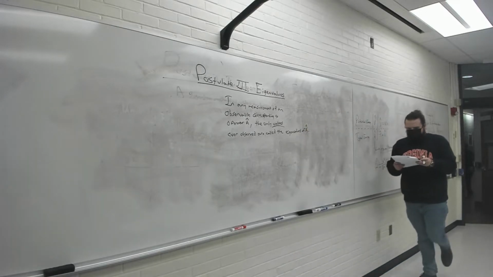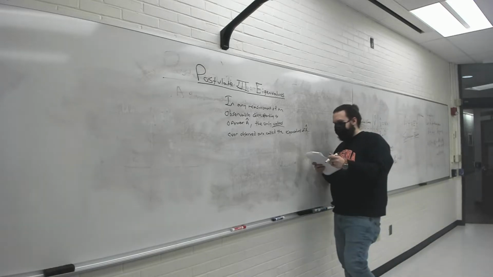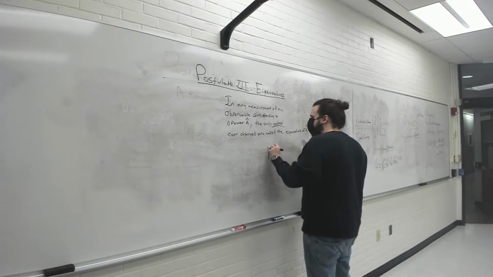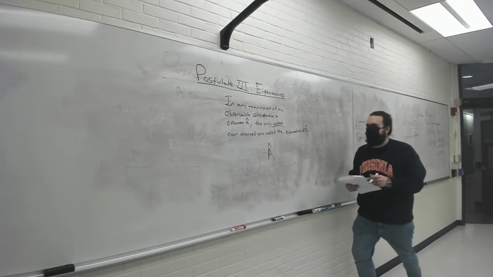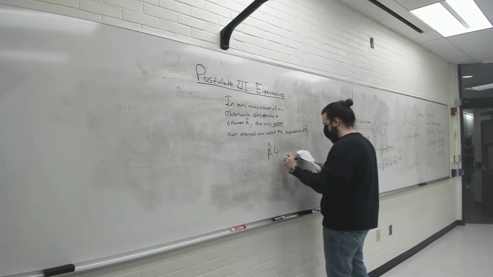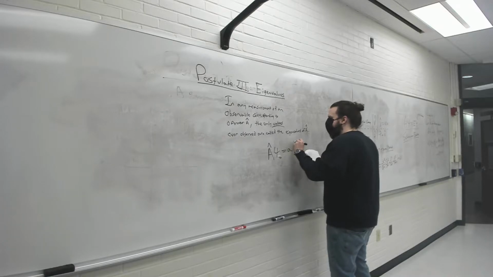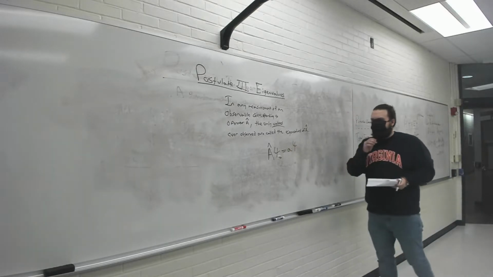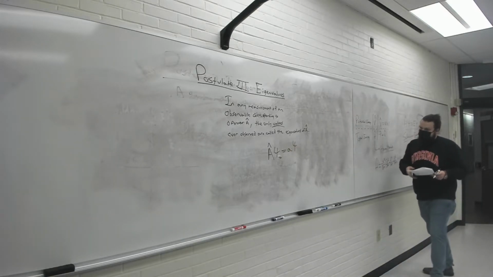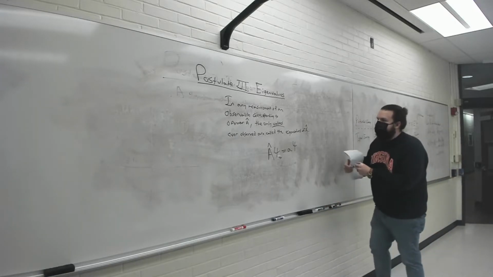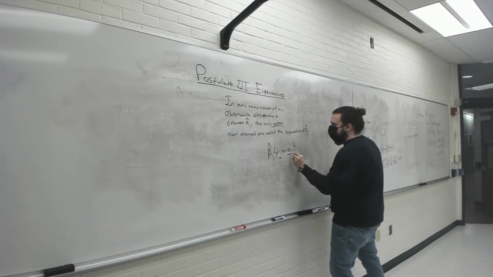Okay, so let me show you what that means. Again, let's go up with our equation that we've seen already. We have an operator operating on a wave function, and it gives us a number back times that wave function. This value A is called an eigenvalue.